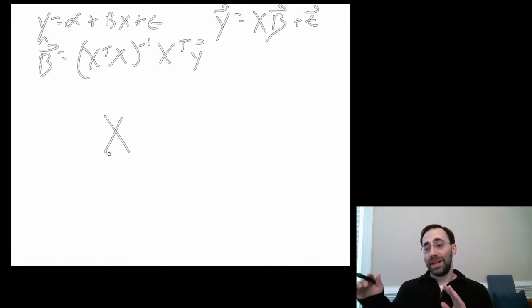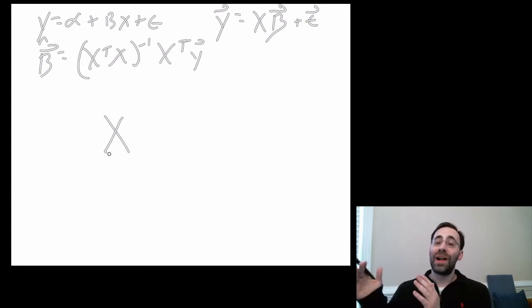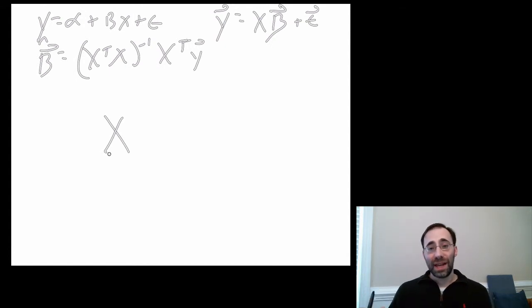Second, what if the column rank, so the number of linearly independent columns, is less than the number of columns you have? Well, in that case, what you have is multicollinearity. Using a combination of some number of columns, you can get the last column, or any column really, and at least one of the columns is a combination of the other columns, in which case you have fewer independent variables than you think you do.